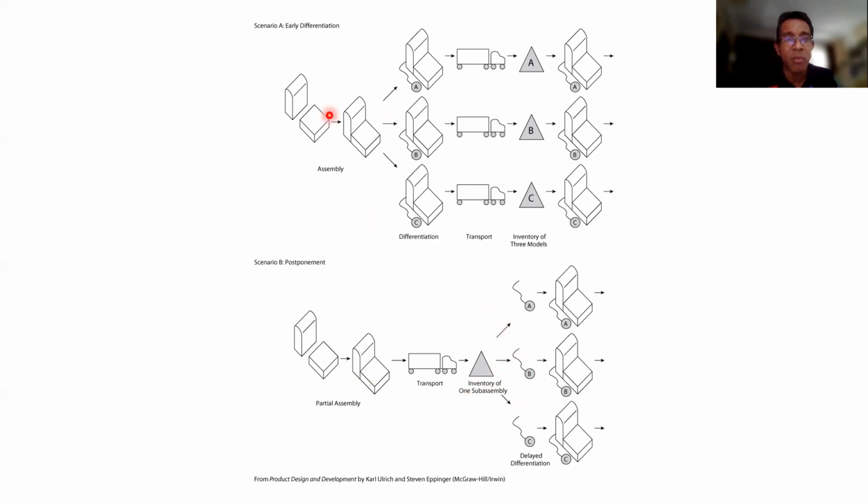But in the early case, they do proper assembly, then proper segregation for each region, and then different transport, so the mixing can be monitored at an early stage.